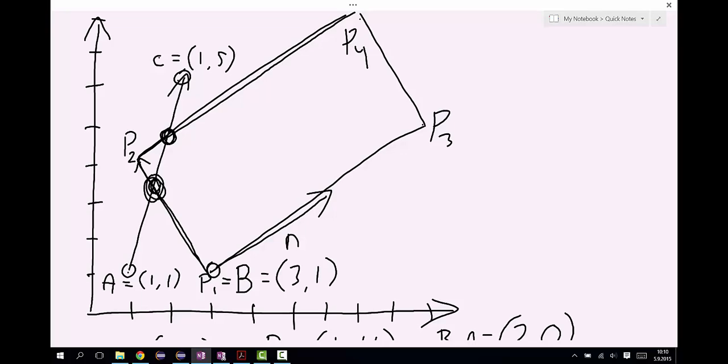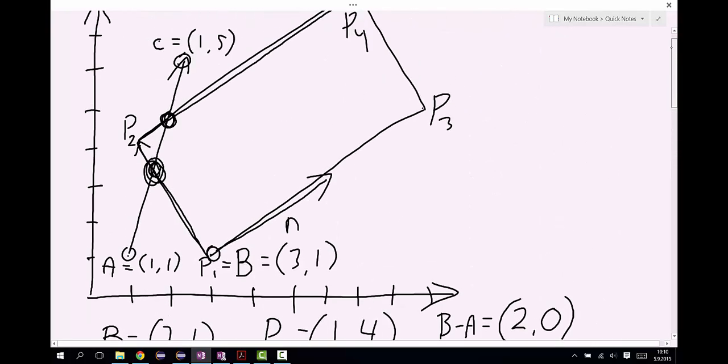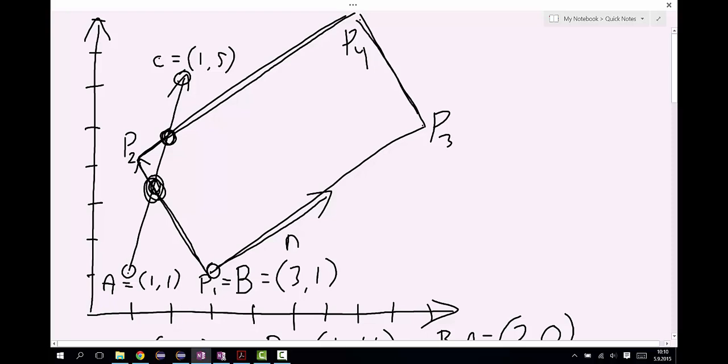When we take this line here, we're going to find a hit point that's somewhere up there. And it'll have a positive T hit, but it'll be way bigger than the other two, so that's not what we're interested in. When we take this line here, however, we're going to find a T hit that happens somewhere down here. It'll be a negative T hit, so that's something we're not interested in either.